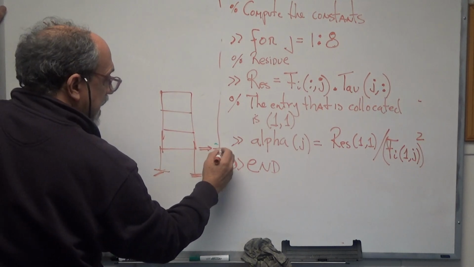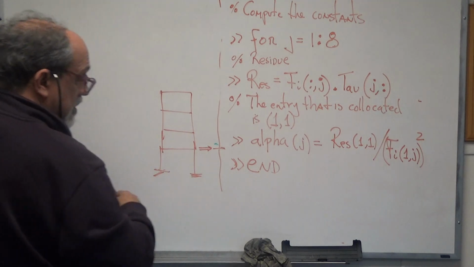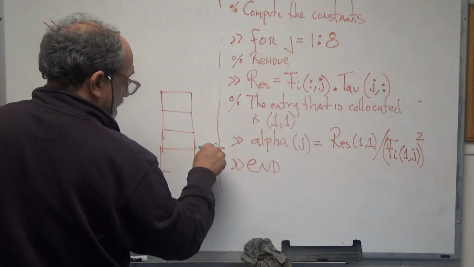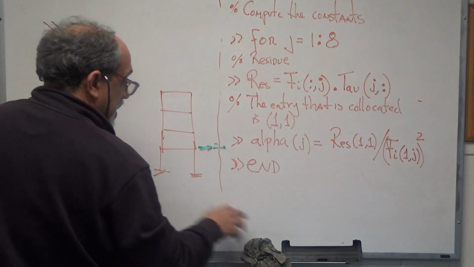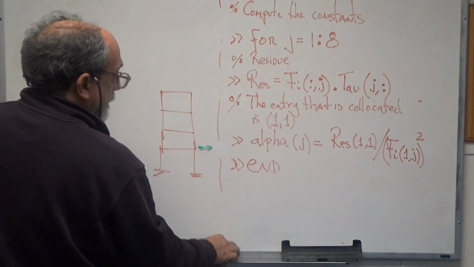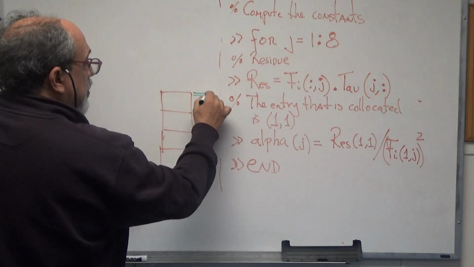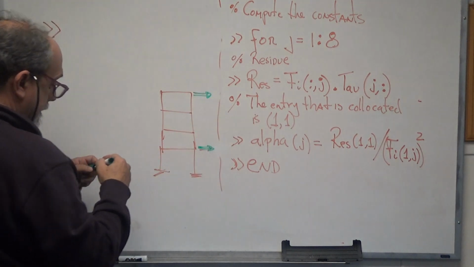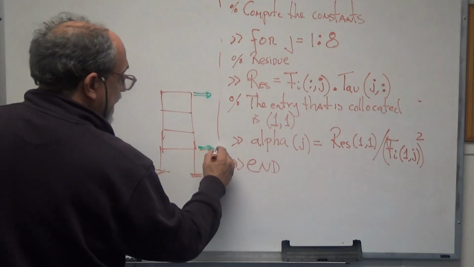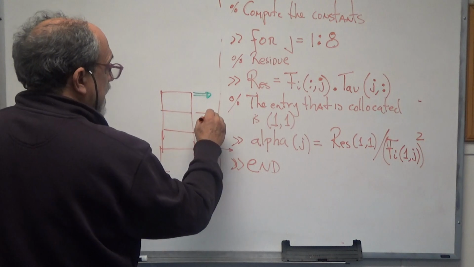We had an input and an output here. We had an input here and an input here. And I believe we had an output here and an output here, right?